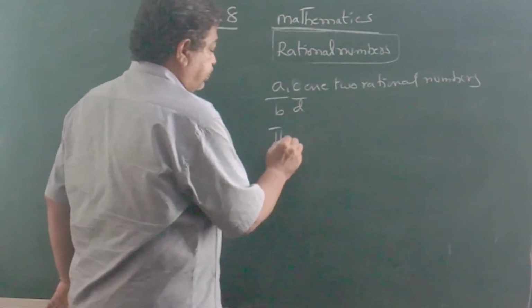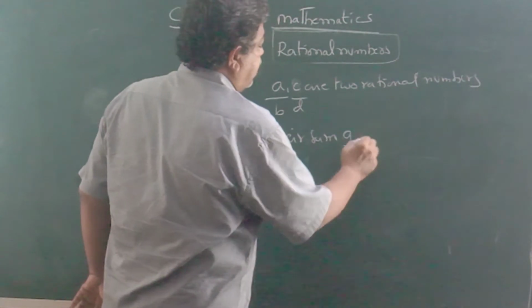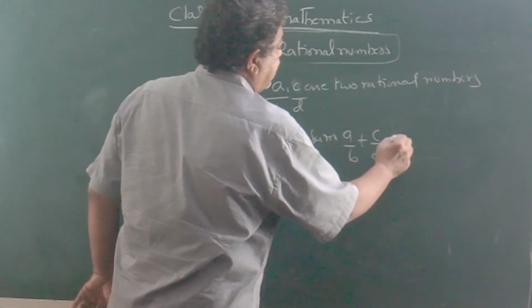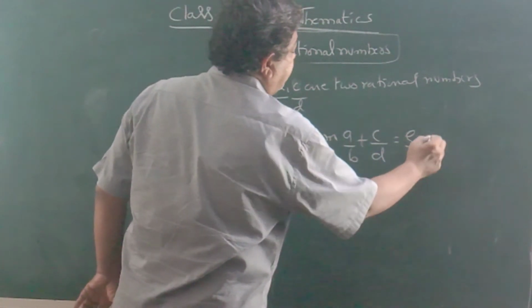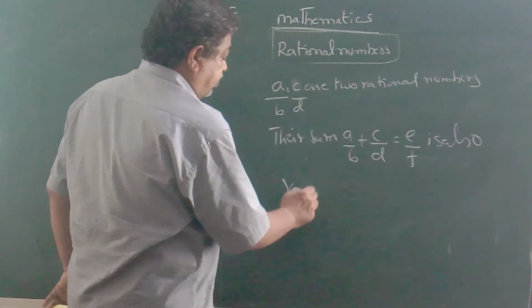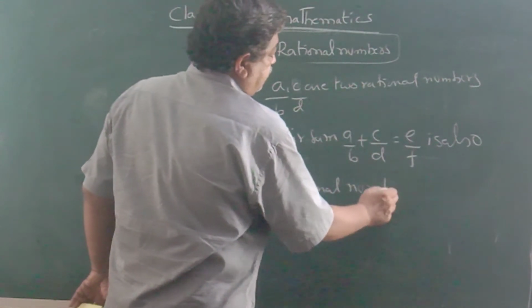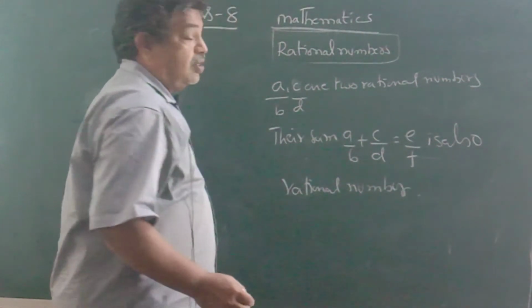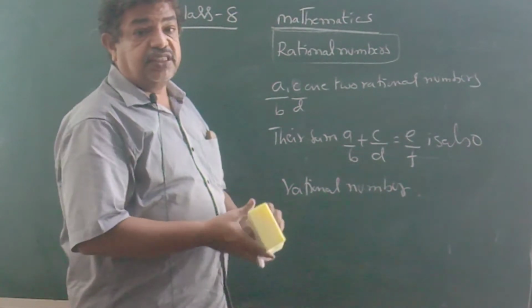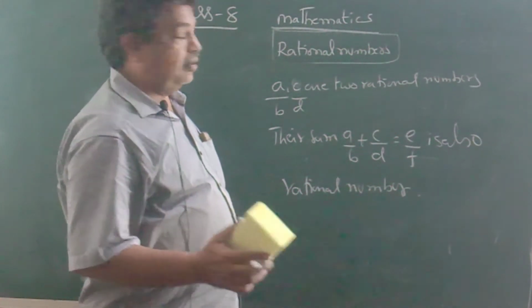Their sum, a by b plus c by d, which may be equal to e by f, is also a rational number. This is what is called sum of two rational numbers is a rational number. Closure property of rational numbers under addition.